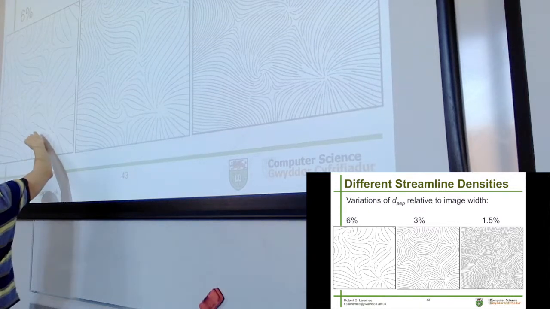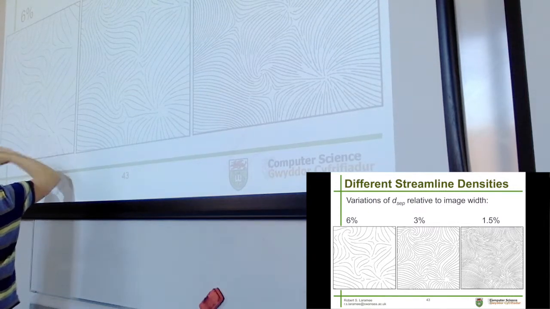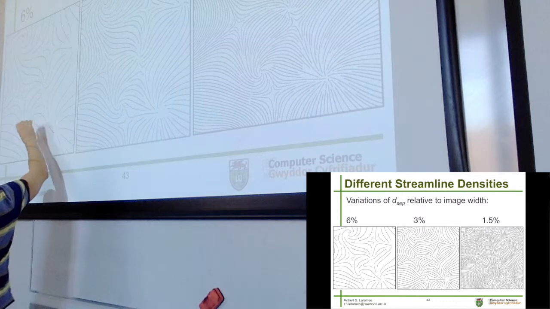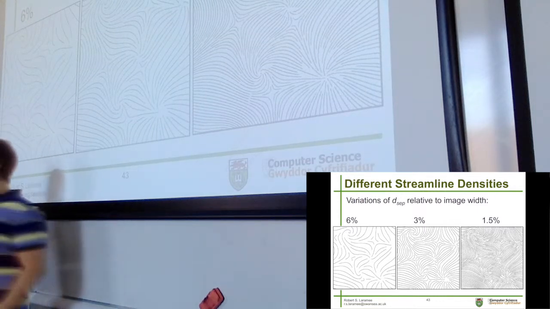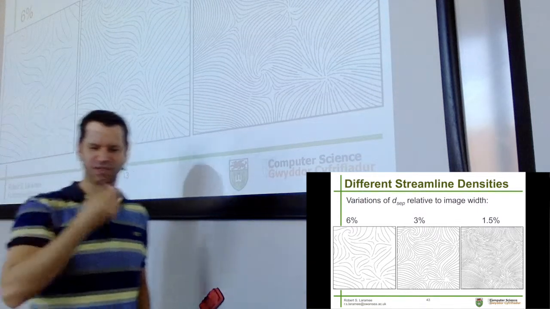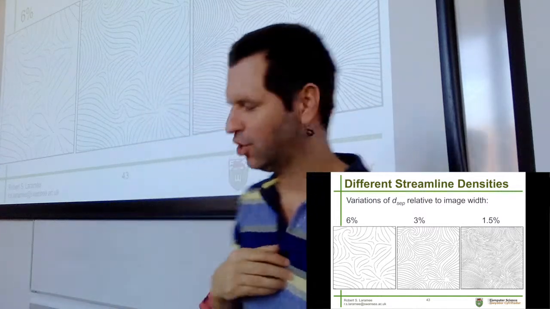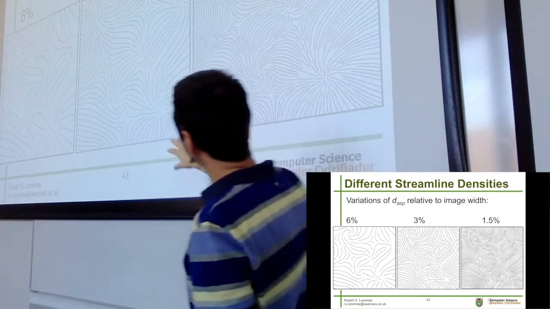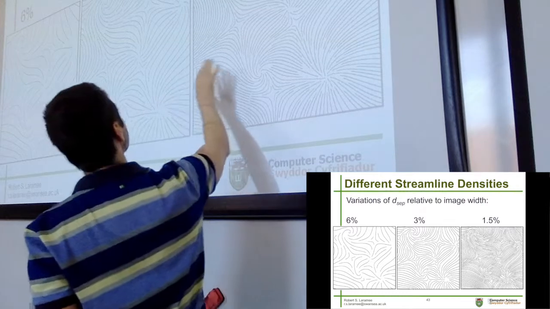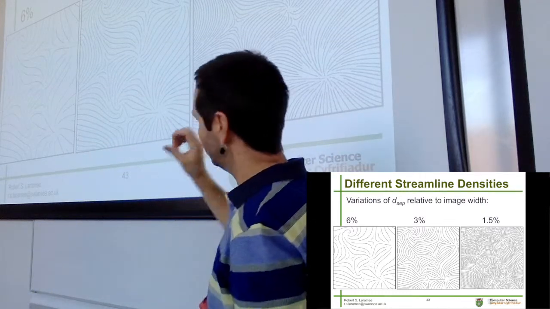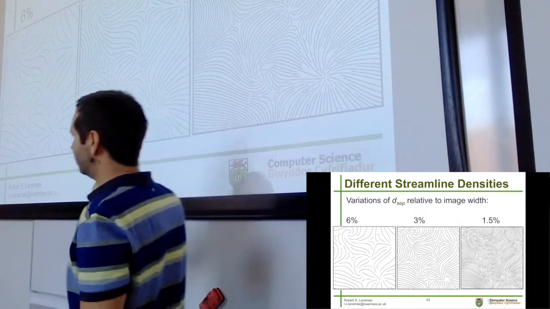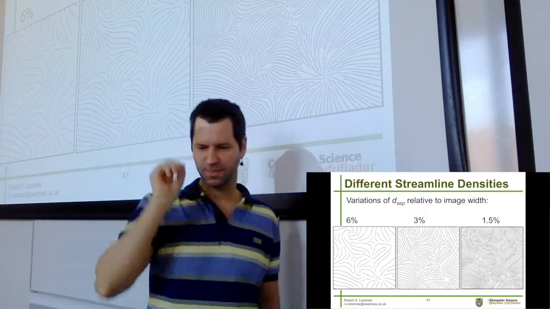You just measure 6% of the image space, the distance, and that results in separation distances that are kind of large and sparse, creates a sparse image. This is with 3%, and this is with 1.5% image space, so you can get varying density of your streamlines.